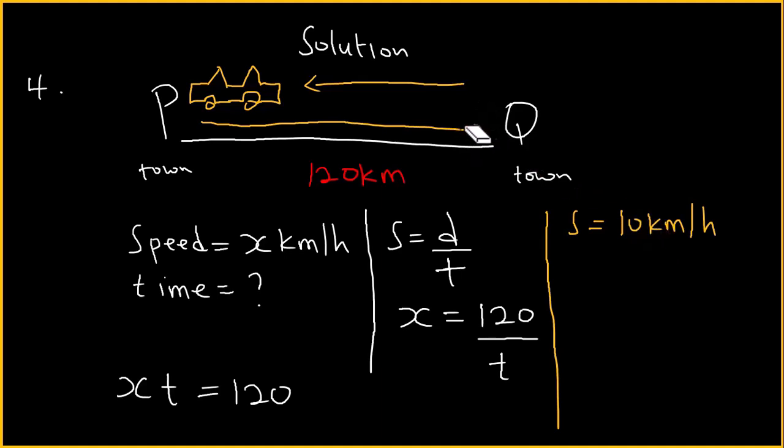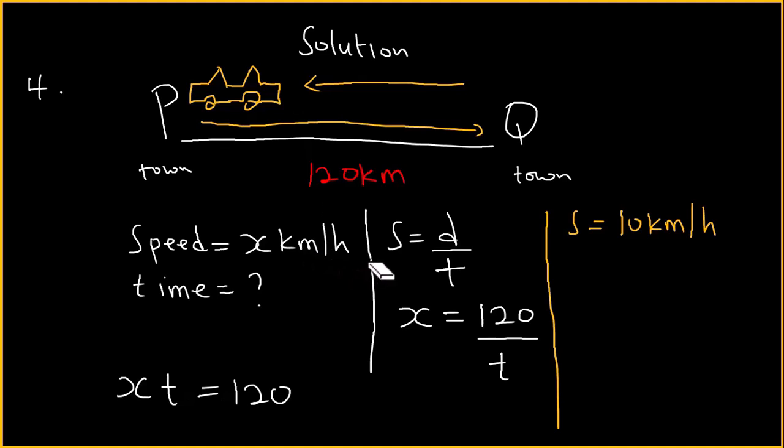So he drove at this certain speed slower, thereby spending 2 hours longer. So if he drives at this certain speed, slowing down the movement, the time taken to cover the same distance will increase. Okay, the time taken to cover the distance of 120 kilometers would increase because he's slowing his movement. So meaning the time would increase by 2 hours to cover the same distance.